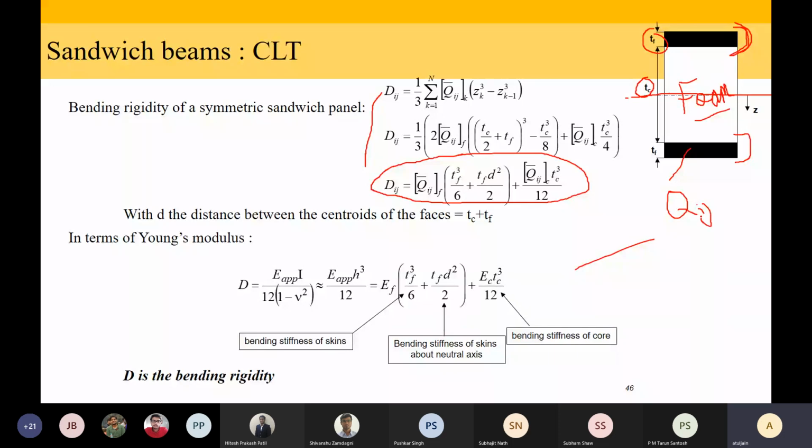This is Qijf, and this is Qijc. By now you should know how to calculate the D matrix. Try to do it manually by yourself and confirm that whatever expression I have written is correct.